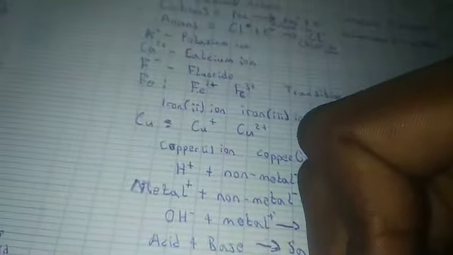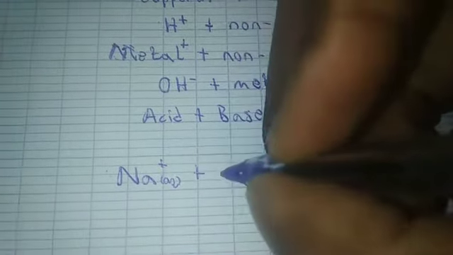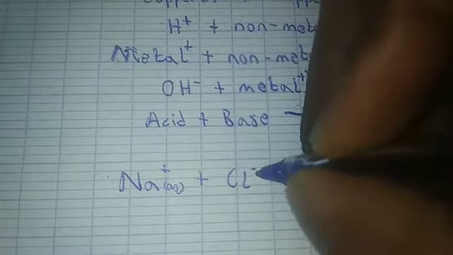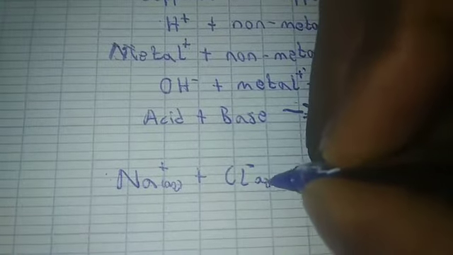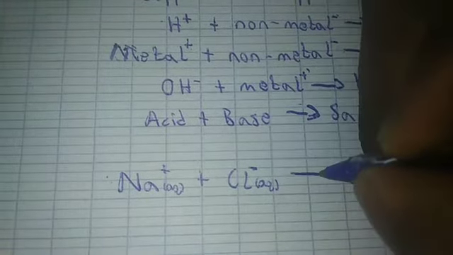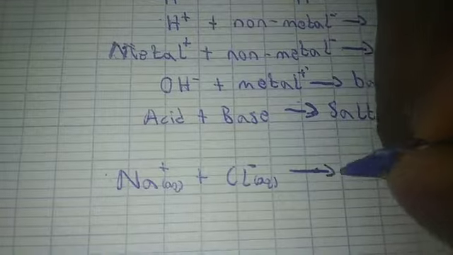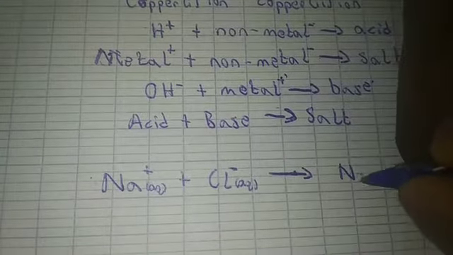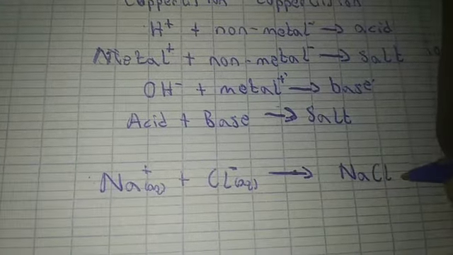So let's go quickly to an example. For example, let's take sodium and chlorine. We have a sodium ion, usually aqueous, plus a chloride, not a chlorine ion, a chloride. This will react under certain conditions to give us sodium chloride, which is a salt.